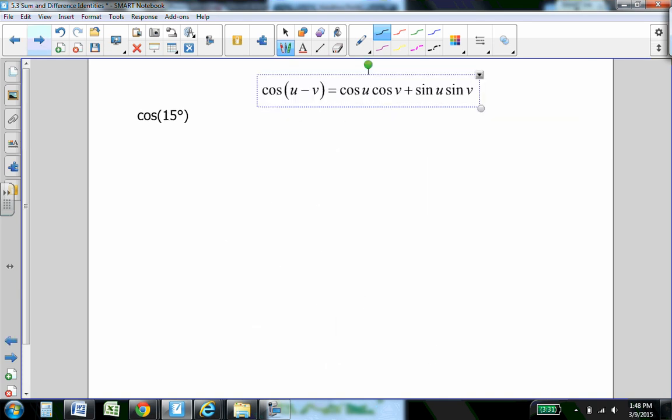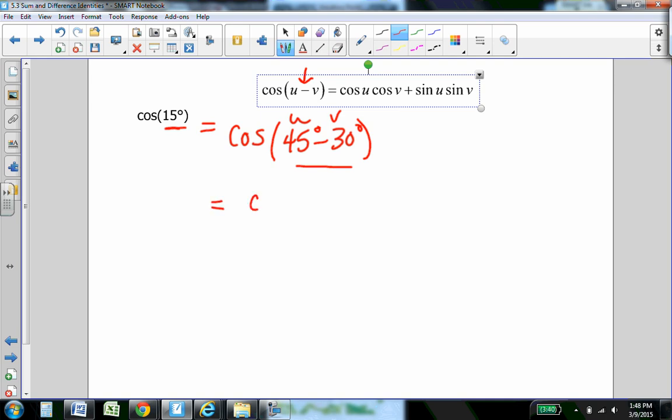Okay, here's an example of a cosine, and this time I got a fairly small angle, 15 degrees. So I think what I'm going to do with that one is say that that's the cosine of 45 minus 30. So this is my U, and this is my V, and notice I'm using the difference formula for cosine.